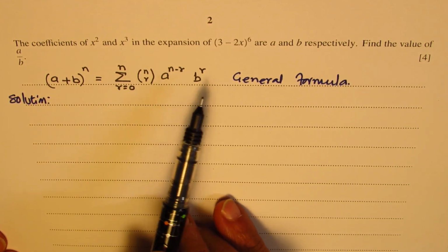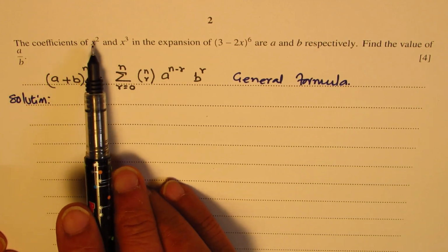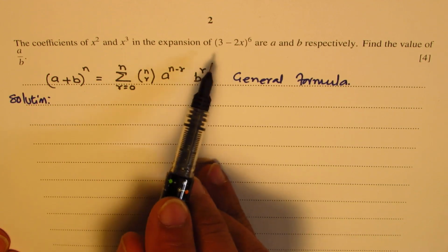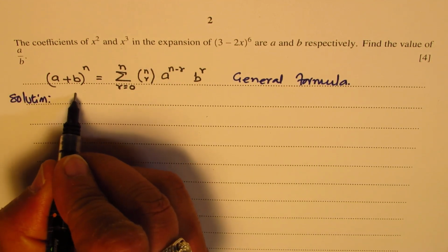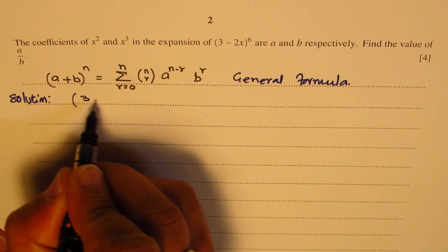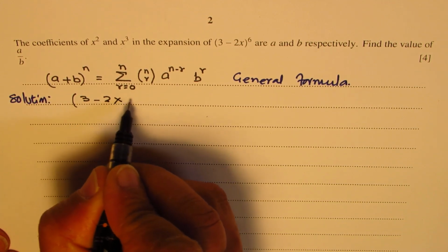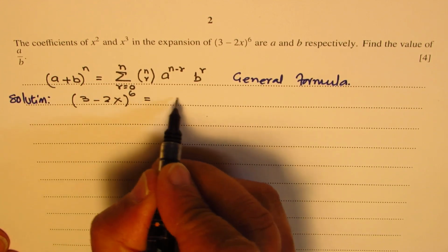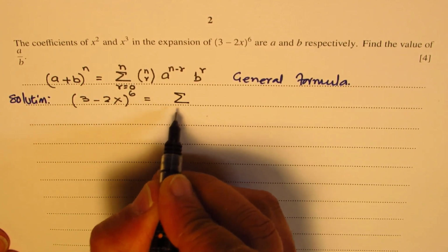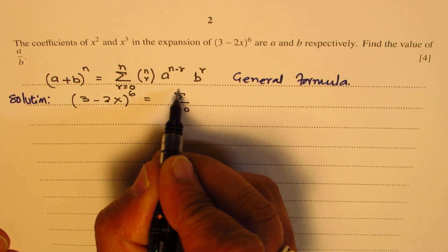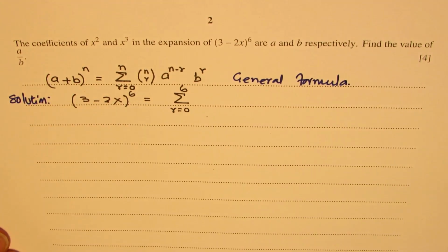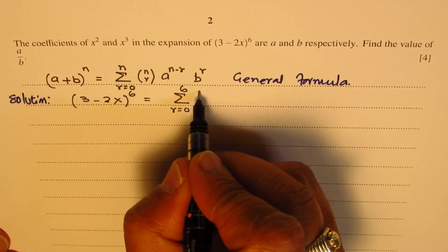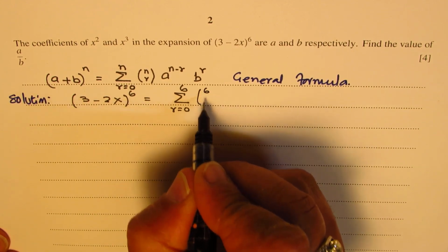We are now looking for the coefficient of x squared. So let's write down the general term for the question given to us, which is (3 minus 2x) to the power of 6. That is what we are given. So the general term could be written as the sum of r equals 0 to 6, where 6 is the exponent, 6Cr, since n is 6.